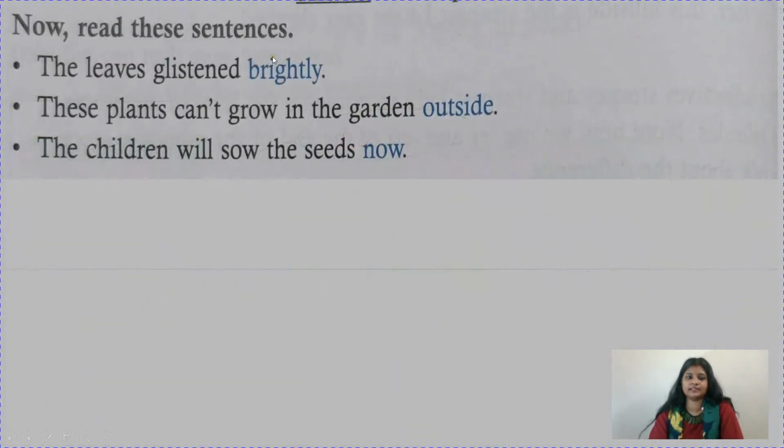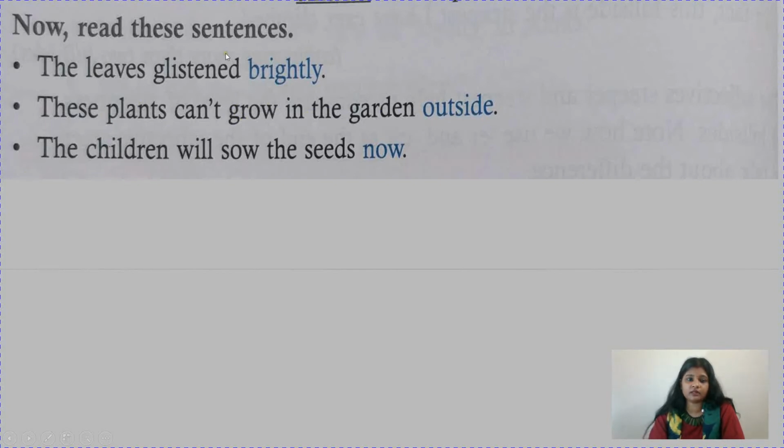Now read these sentences, children. The leaves glistened brightly. So brightly is an adverb. Why? Because it is telling more about glistened. Glistened is a verb. These plants can't grow in the garden outside. So children, here grow is a verb, and which word is telling more about it? Outside. And children, do you notice it is telling about place also?